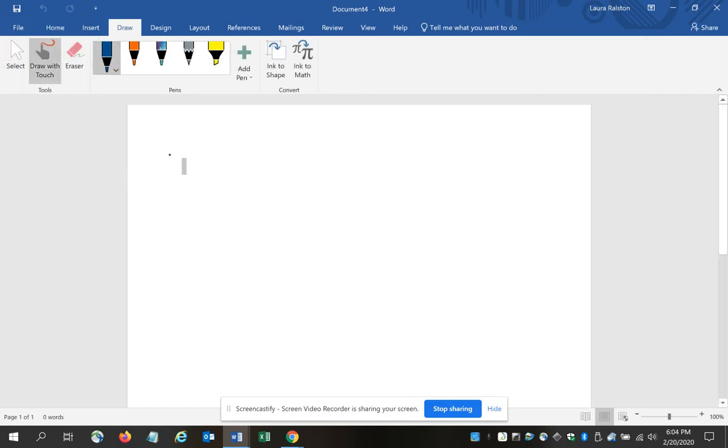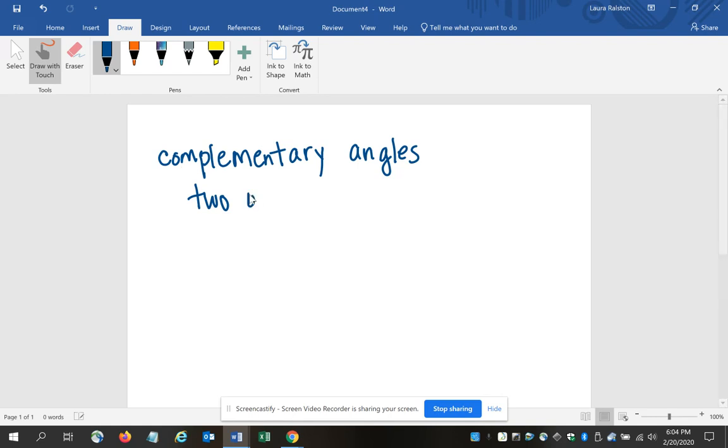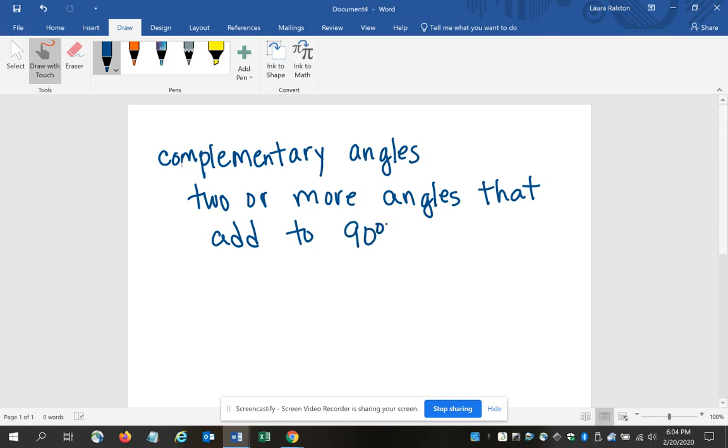In geometry, we talk about complementary angles, which are two or more angles that add to 90 degrees.